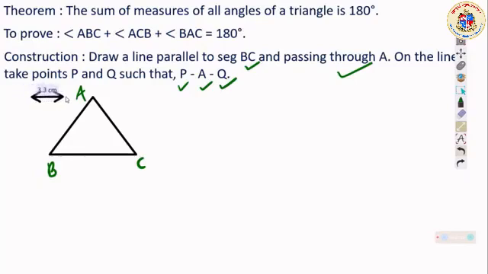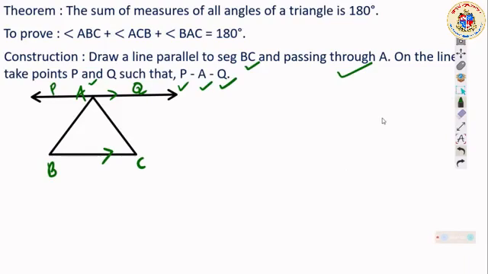Okay. A line is drawn parallel to BC. Further it is saying to take points P, A is already there, and Q, in such a way that this is parallel to the base BC and PAQ is collinear, correct? That much I could show you.